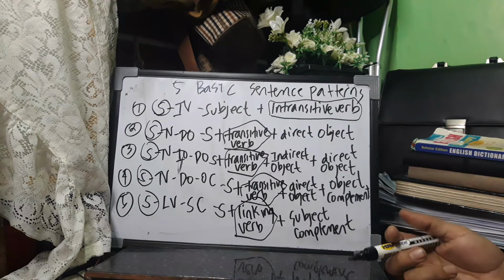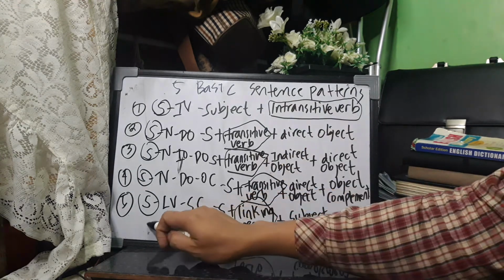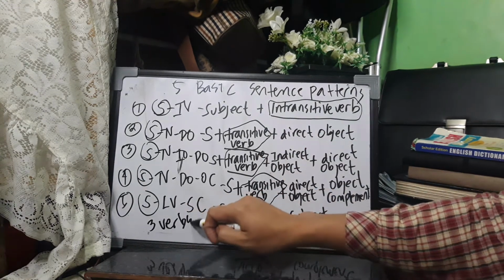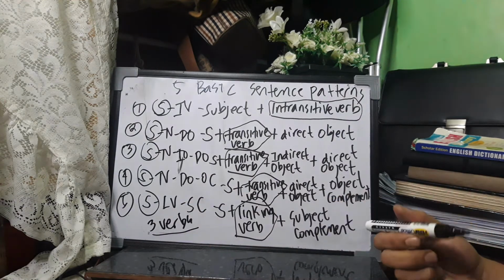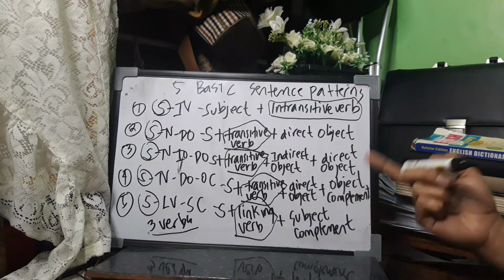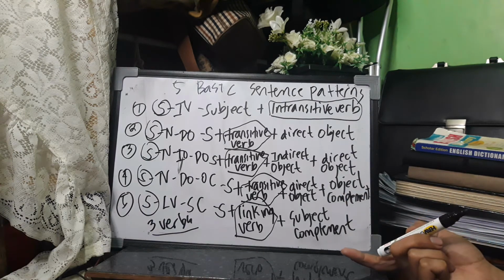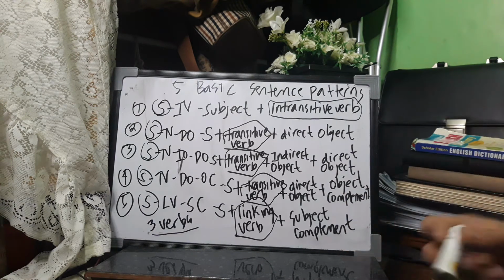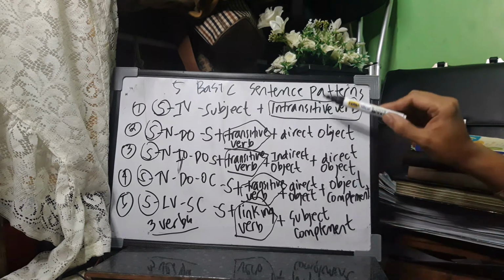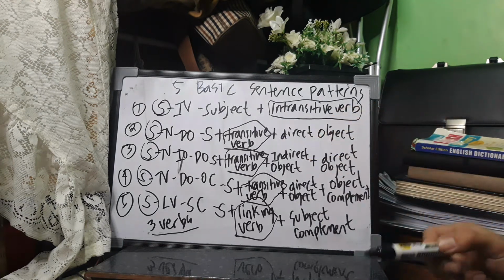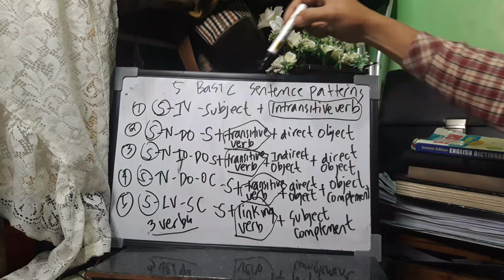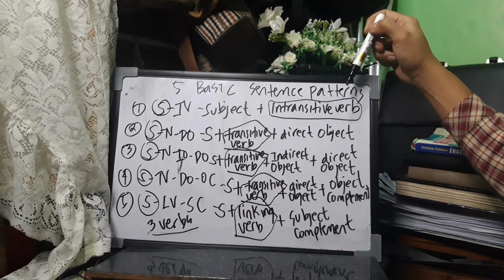So we have actually three verbs that we're going to use in writing your sentences. Aside from that, we also have the verb forms, but for now, remember that there are three verbs that we have to use in the five basic sentence patterns. Is this clear, guys?